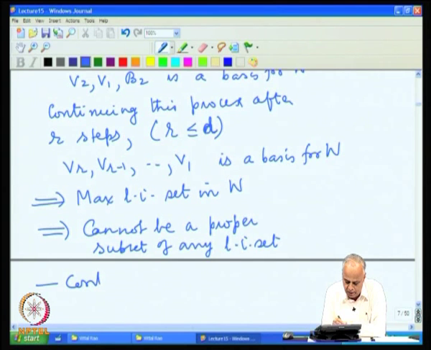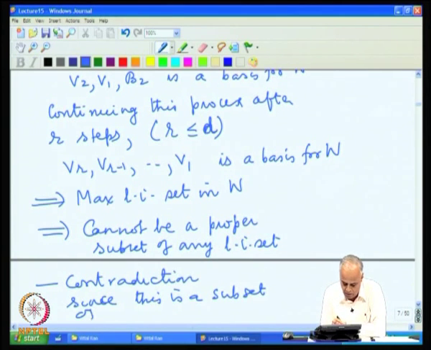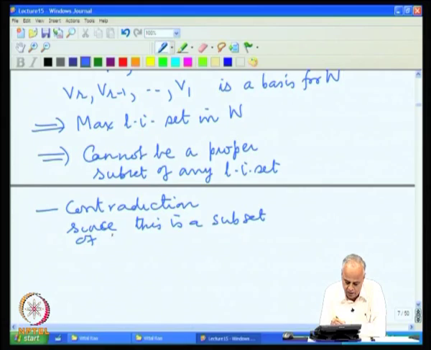This is a contradiction because r is less than d plus 1, and B1 consists of V1, V2, ..., Vd plus 1, and B1 was assumed to be linearly independent, and this basis is a proper subset of the linearly independent set B1.